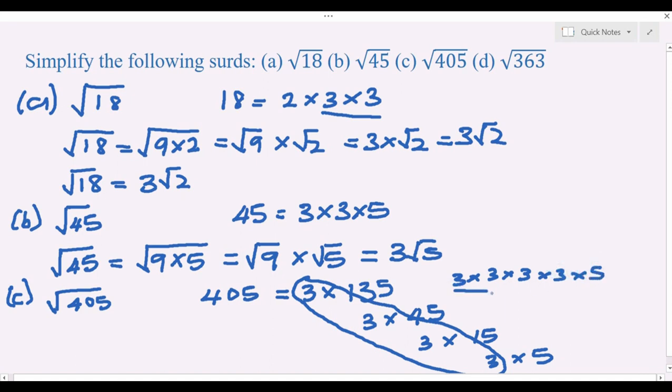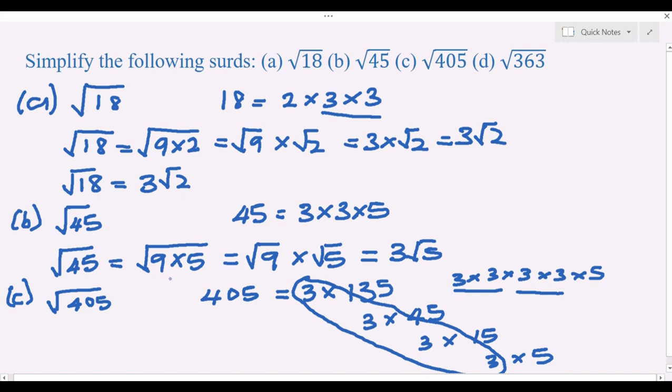So we have 2 perfect squares, 9 and 9. So this is the same as 81 times 5, or we say 9 times 9 times 5.